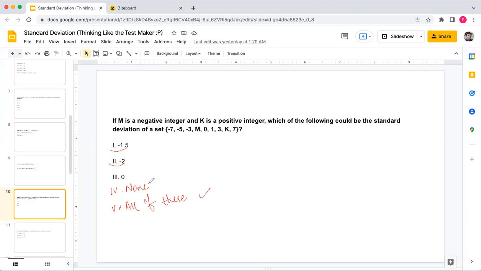The answer to this question is none. First of all, standard deviation can never be negative. Next, you have minus 7, minus 5, minus 3, some negative integer, 0, 1, 3, k, and 7. How could you have a zero standard deviation?